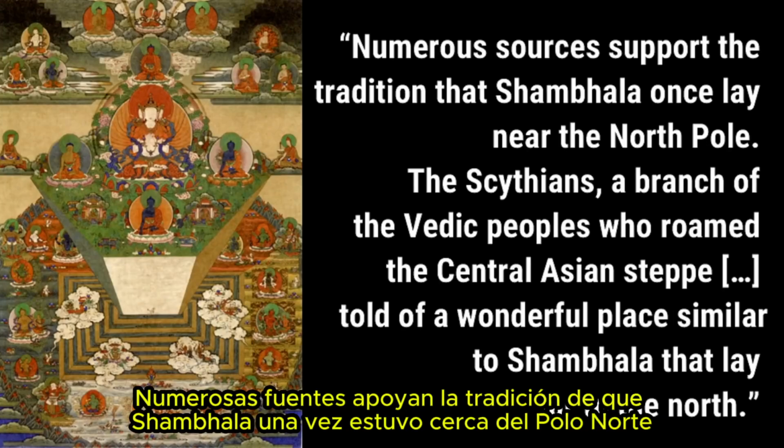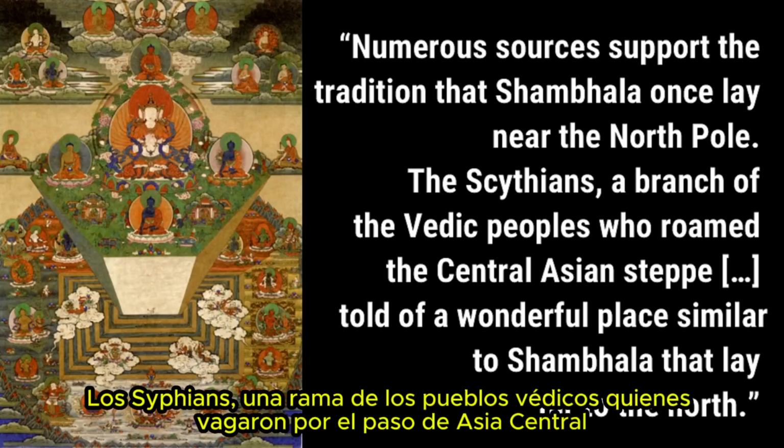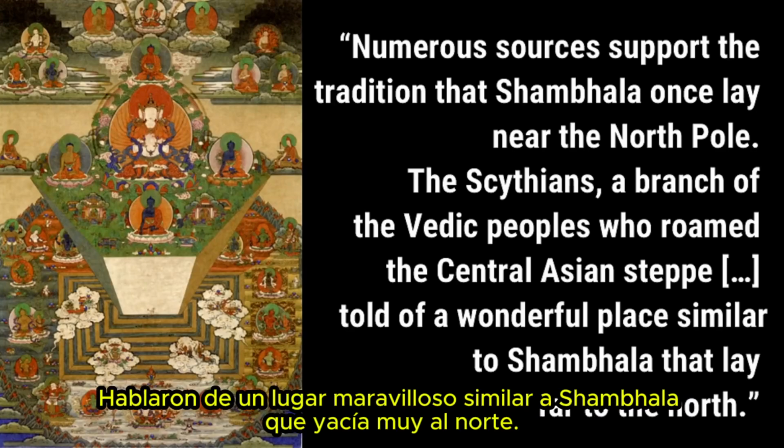Numerous sources support the tradition that Shambhala once lay near the North Pole. The Scythians, a branch of the Vedic peoples who roamed the Central Asian steppe, told of a wonderful place, similar to Shambhala, that lay far to the north.